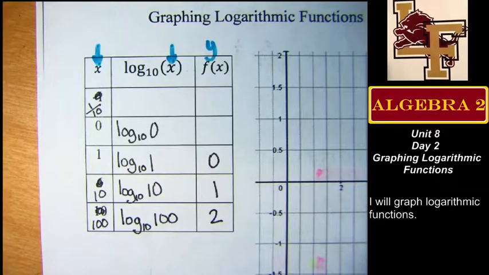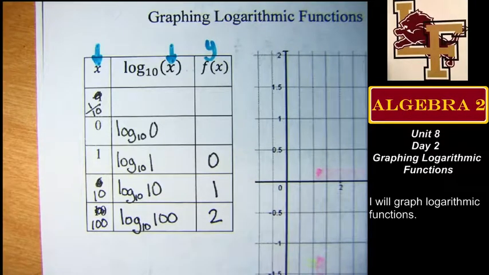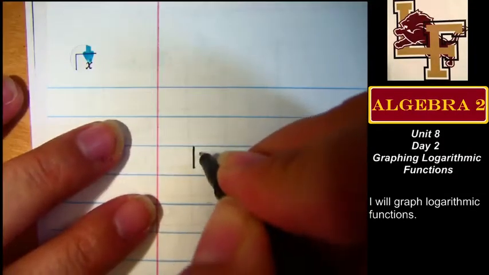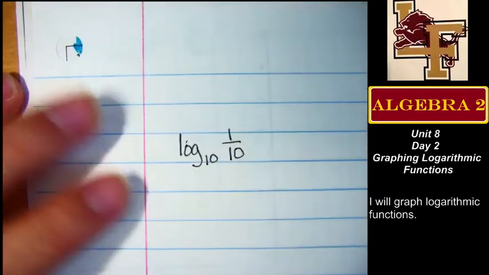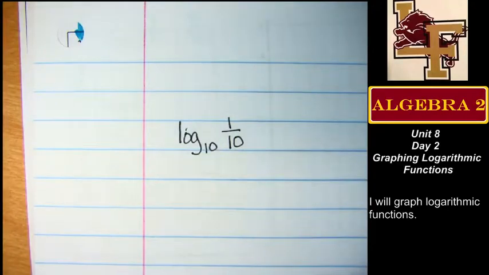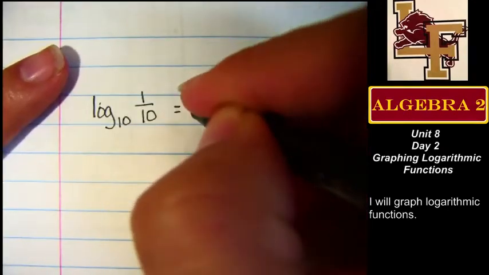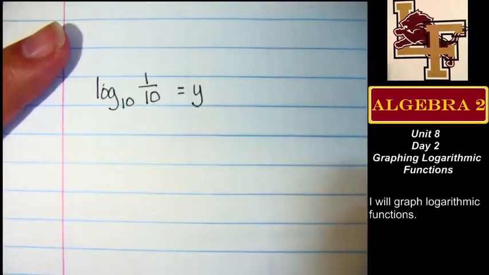All right, let's go back toward that 1/10, just because that 0 sitting there is kind of freaking me out. So I have log base 10 of 1/10. I'm writing on line paper just so I have a bit more room. If I follow my process from yesterday, that equals y.